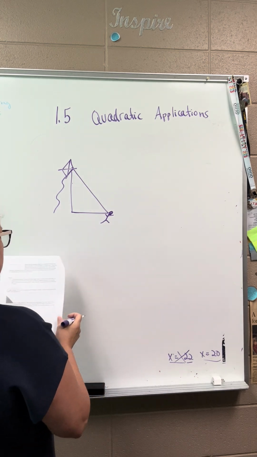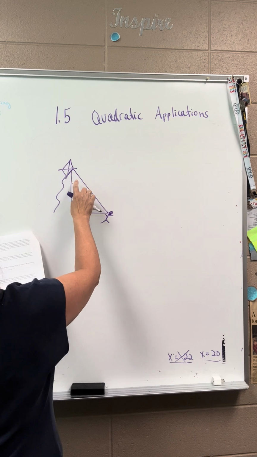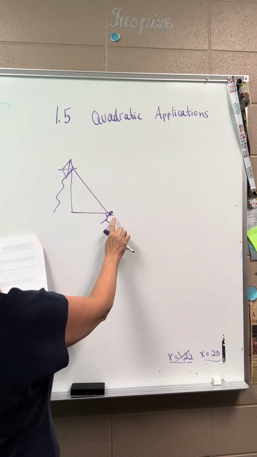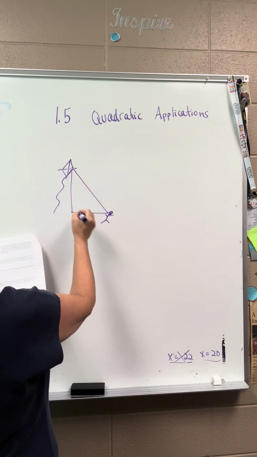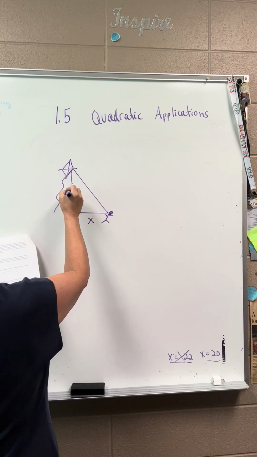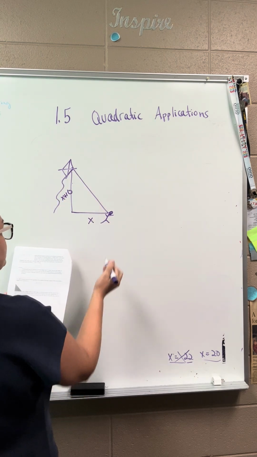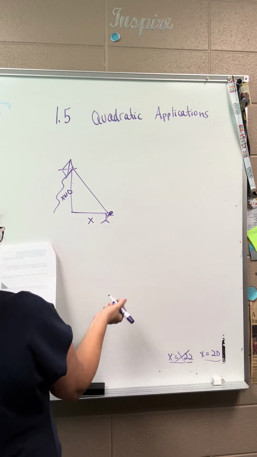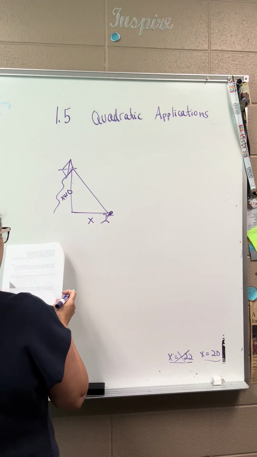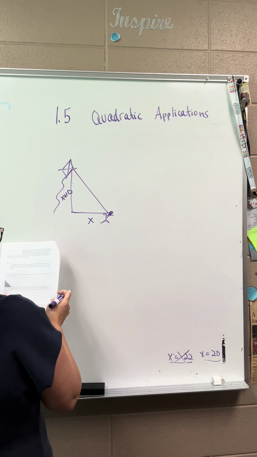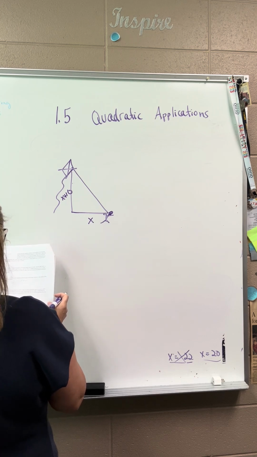The vertical distance from her hand is 10 foot more than the horizontal distance. So if we call this x, this is x plus 10. Assuming that the string is being held 5 foot from the ground, so we're saying like she's 5 foot tall there to her hand. Find its horizontal distance from Mia's hand and its vertical distance from the ground.